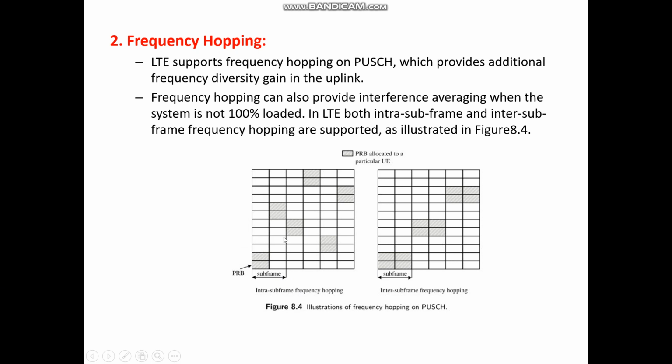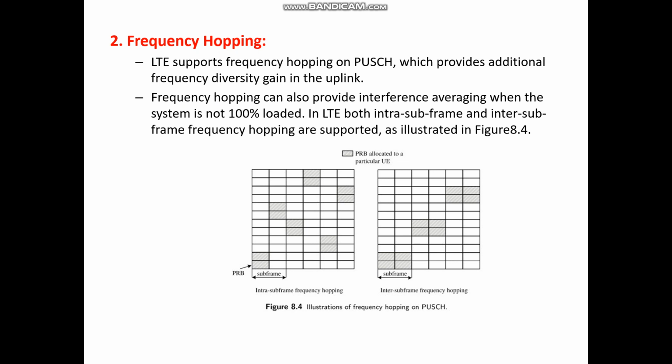As you can see over here, the frequency is changing as the time proceeds. So the frequency hopping techniques can be utilized in LTE. And frequency hopping can also provide interference averaging when the system is not 100% loaded.